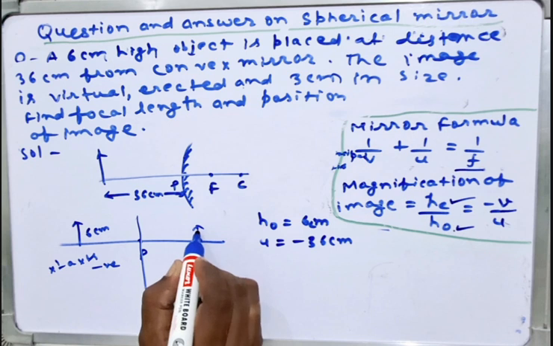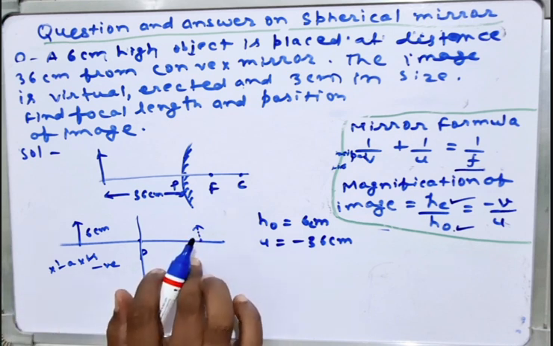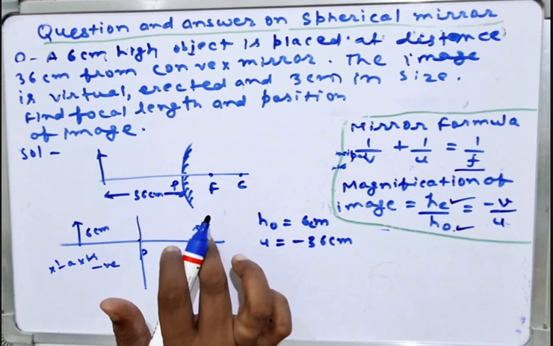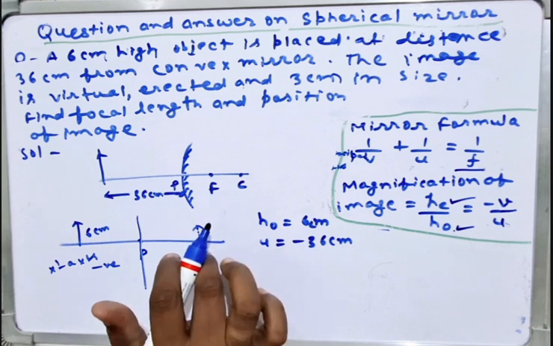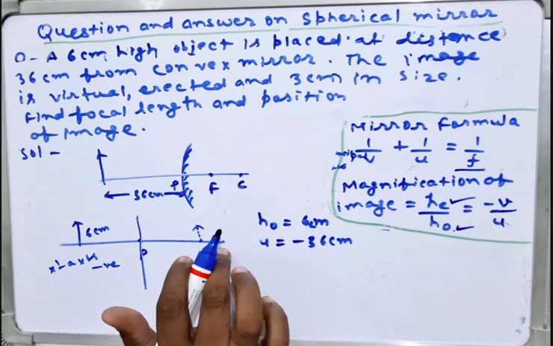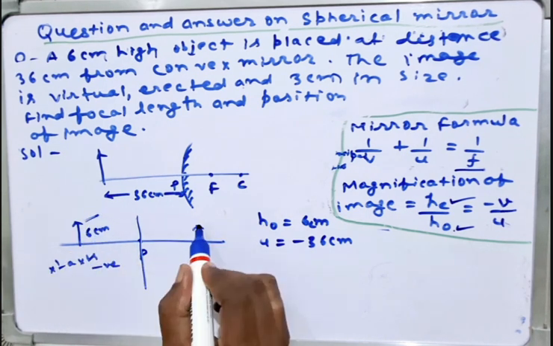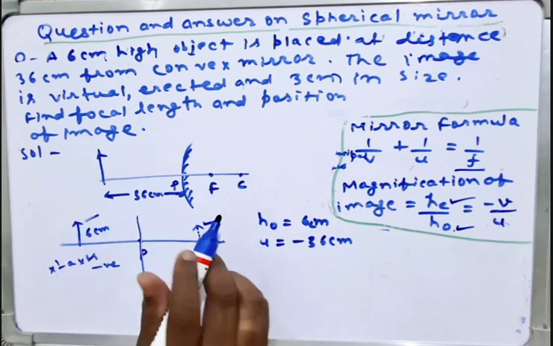The image is formed virtual, so we show it with a dotted line, and since it is erect, it must lie above the principal axis, so the top and the head will be in the same direction.